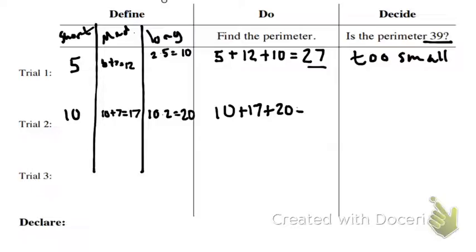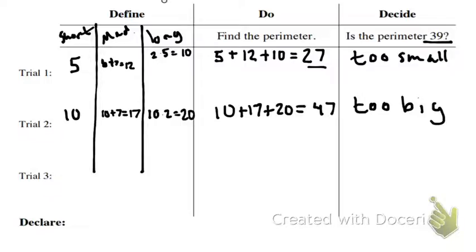It's going to equal 47. Alright, so I went too far. As I jumped from 5 to 10, I suddenly got too big. So my guess of 10 was too big.